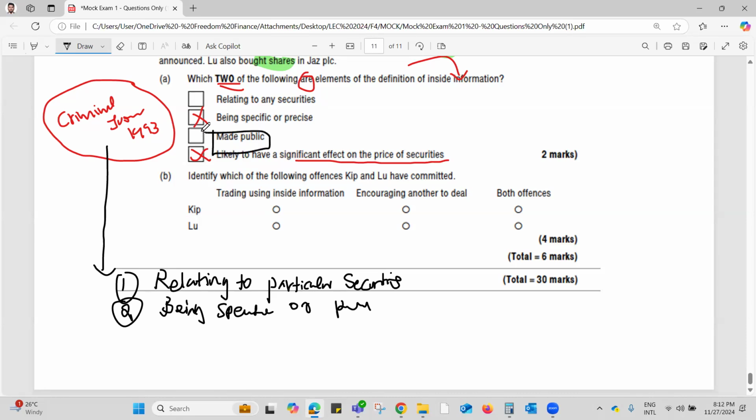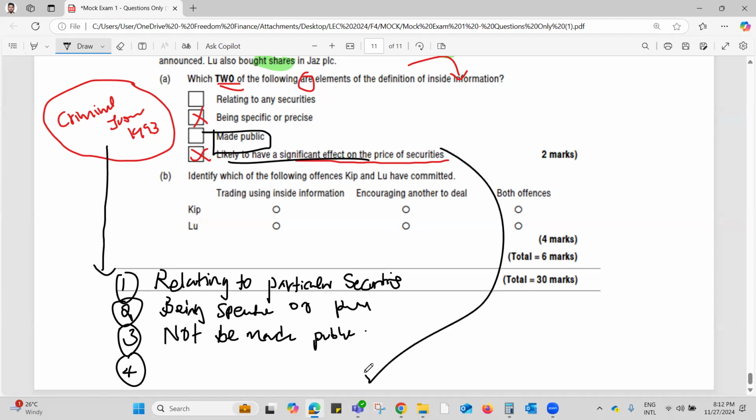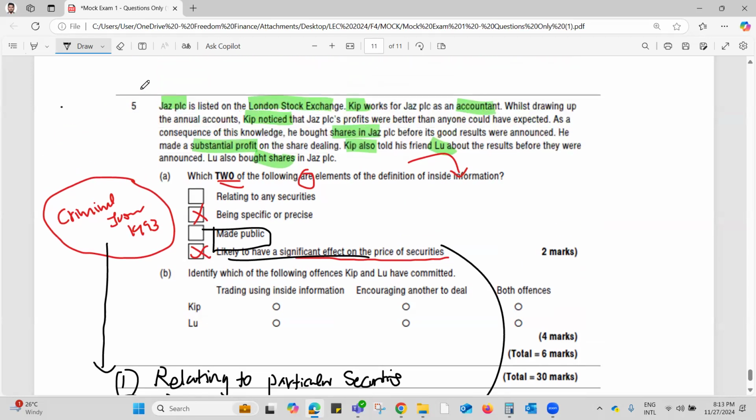It should not have been made public, which is why the third option is not the answer. Then it is likely to have a significant effect on the price of securities. These are the ones that you need to understand, and we are going to apply them to this scenario.